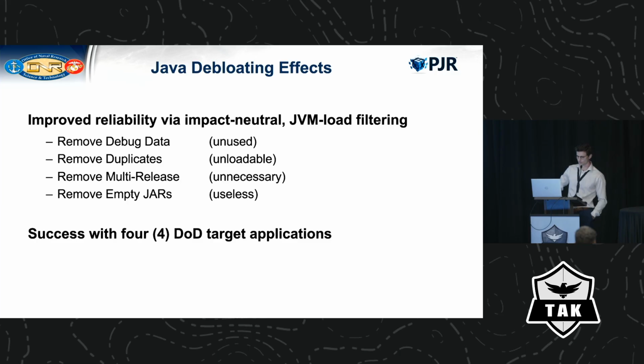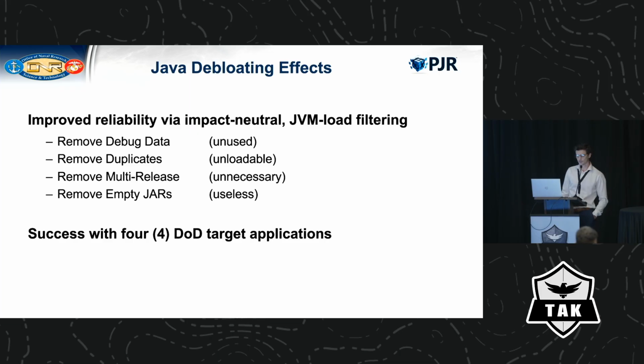And then the removal of multi-release classes. The multi-release classes are classes within a jar file that are multiple copies of the same .class file. However, they are compiled with different versions.